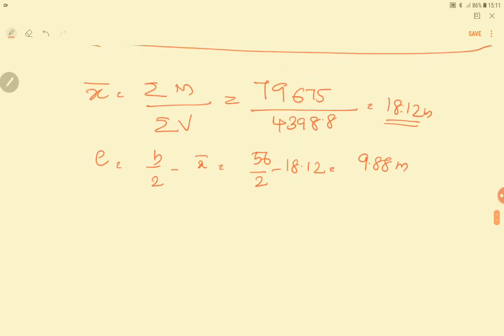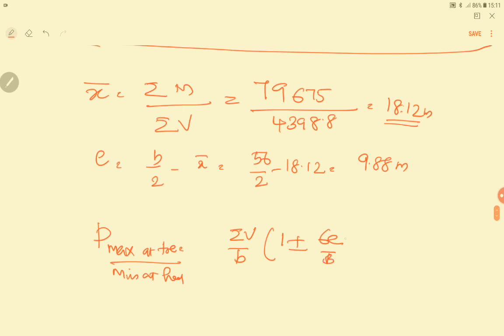Now what will be the P values, P max at toe, or you can write it as P minimum at heel, will be equal to sigma V by B into 1 plus or minus 6E by B, right?